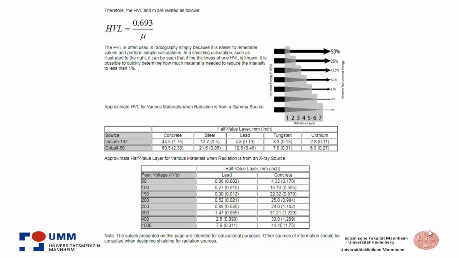And you see down in the bottom the peak voltage also for superficial combinations. You see 50 kV, 100 kV, 150 kV. That's a typical diagnostic area as well, not only superficial machines for radiation therapy.